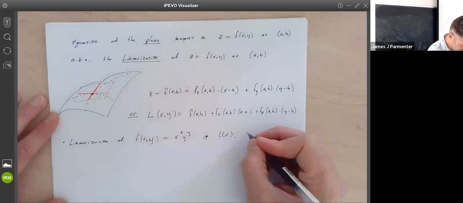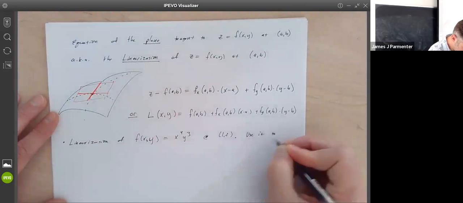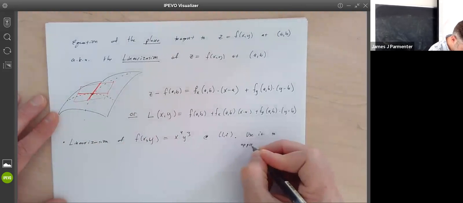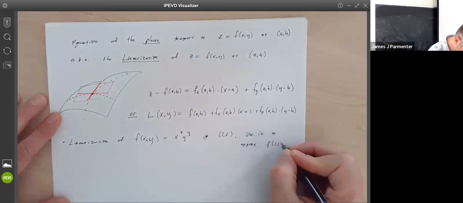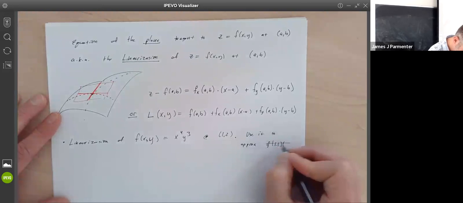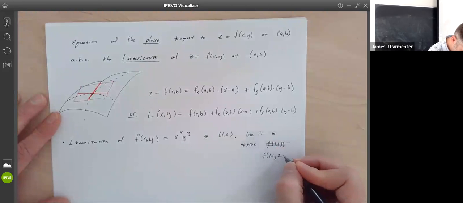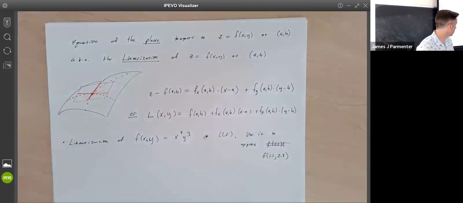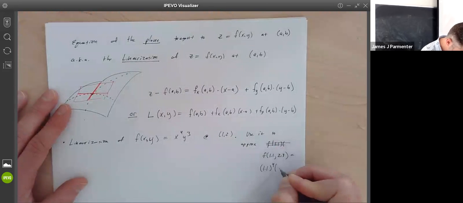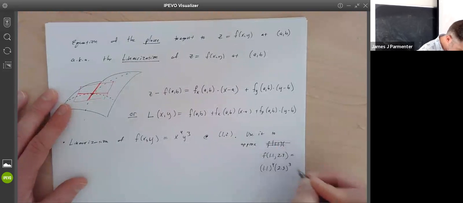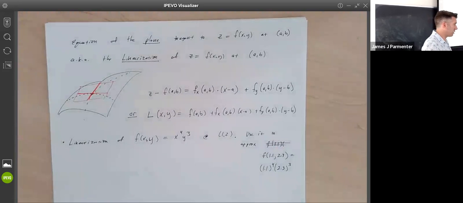And then we're going to use it to approximate f of 1.1 comma 2.3, which would be 1.1 to the fourth times 2.3 cubed, which would be easy to calculate with a calculator.